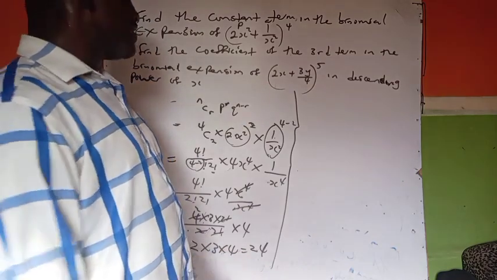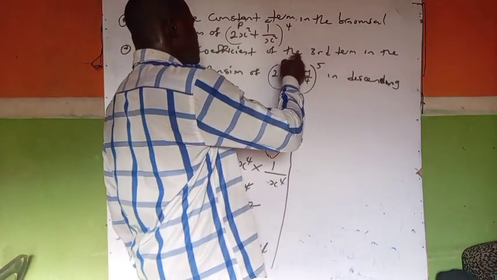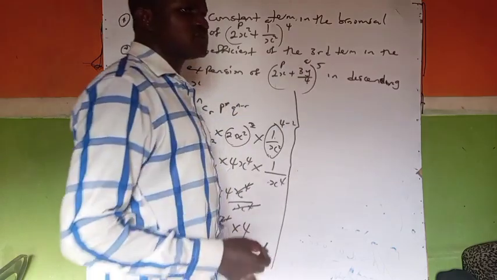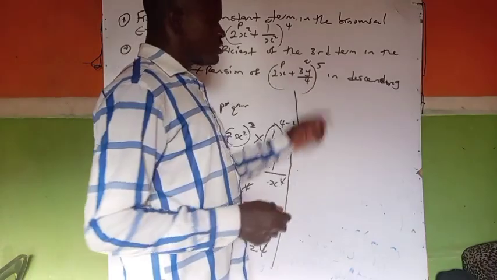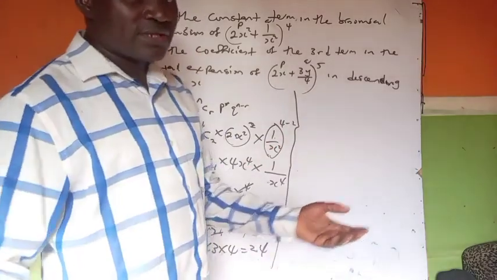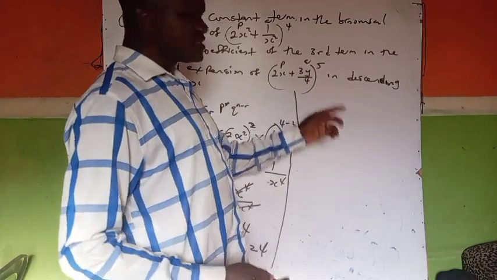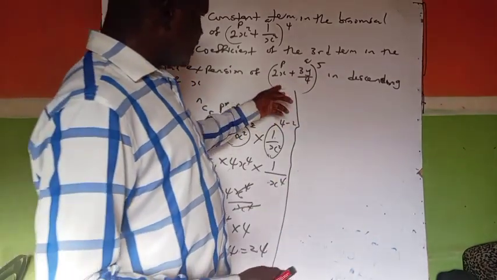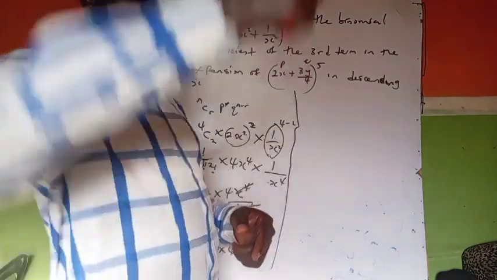As I told you the other time, if you have this one, take this one as P and this one as Q. P will take all, that is, P will take power 5, as Q takes 0. Then, as X is decreasing, Y will be increasing, from 1 to 2 and so on.